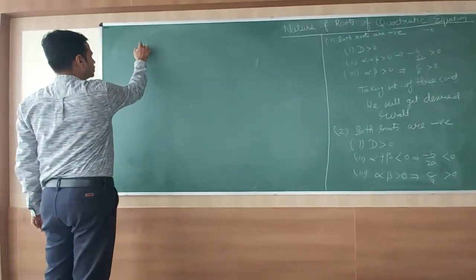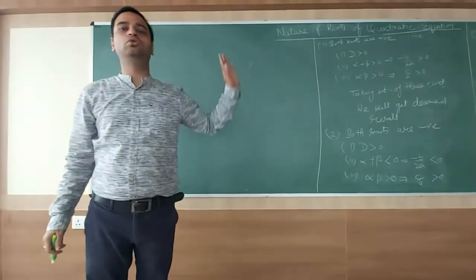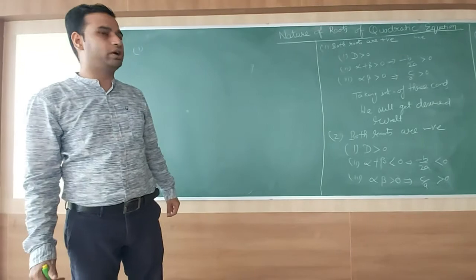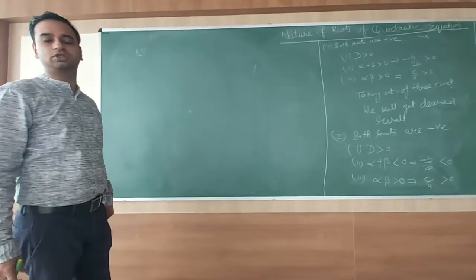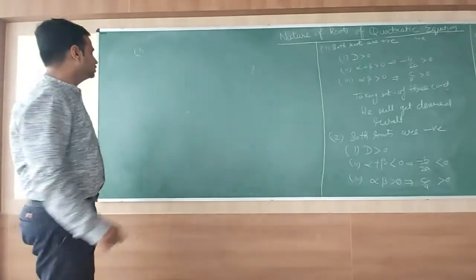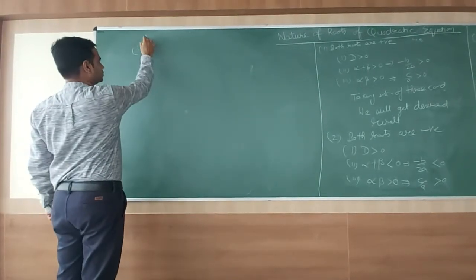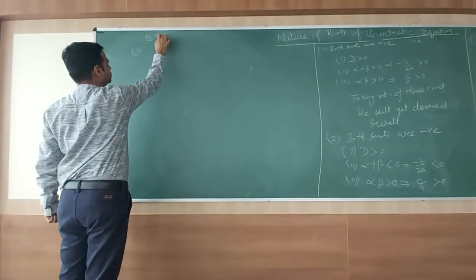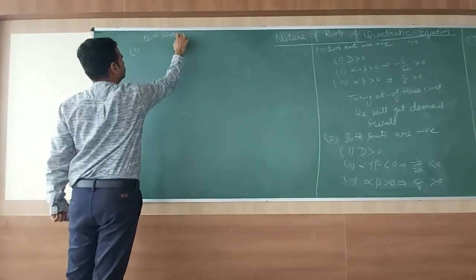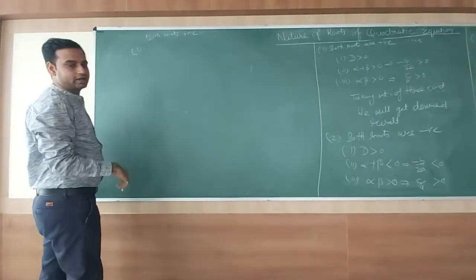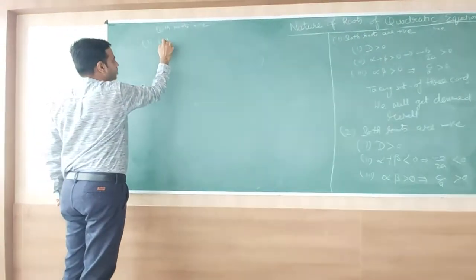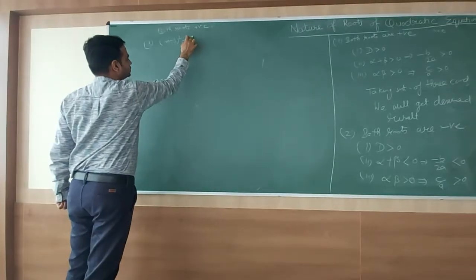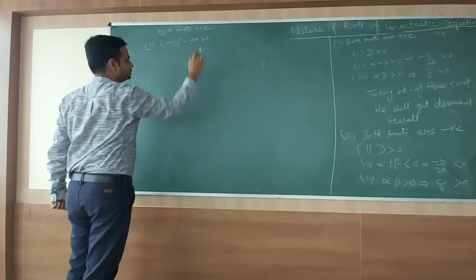So for question number 1, both roots are positive, I will first evaluate D. What is D? D is the discriminant of the quadratic equation, which is b square minus 4ac. So D means b square minus 4ac, and b square is (m minus 3) whole square minus 4m, that is greater than 0.